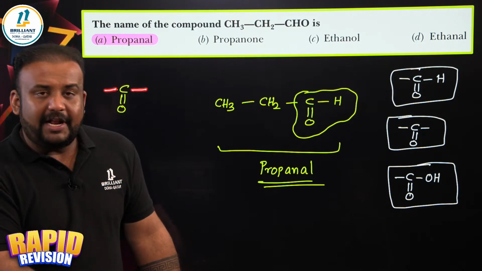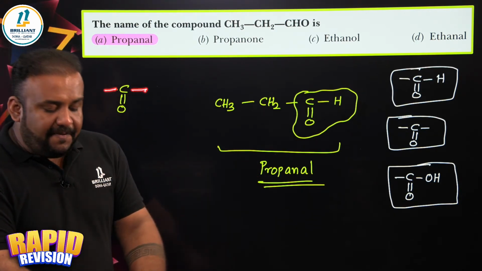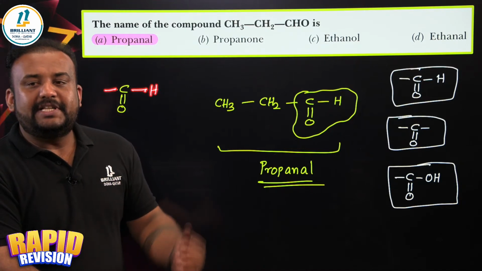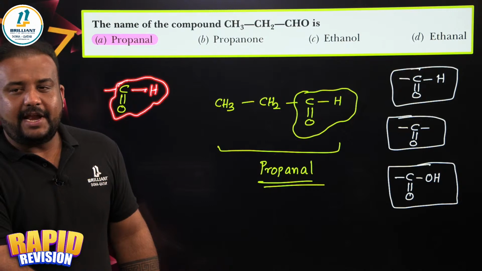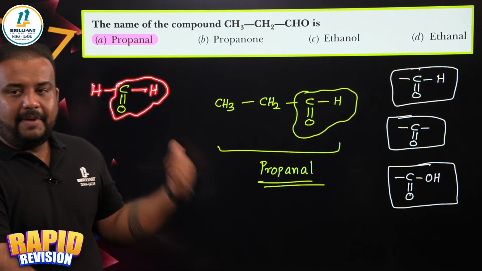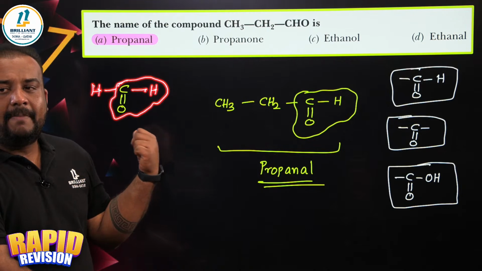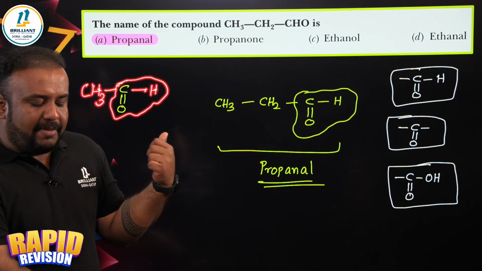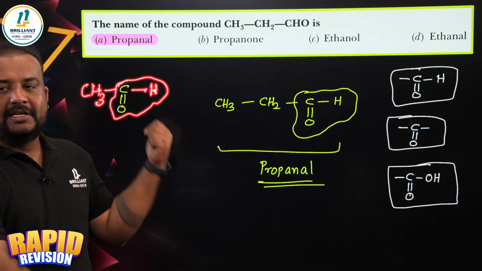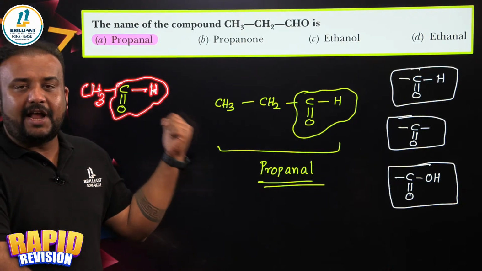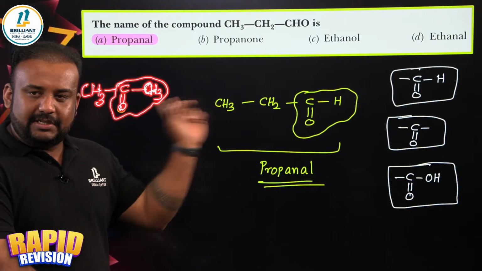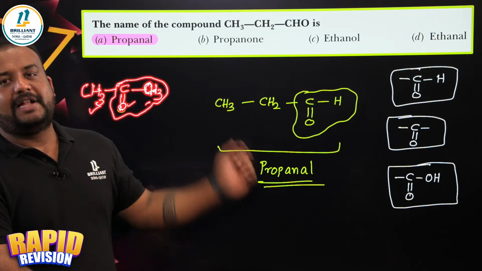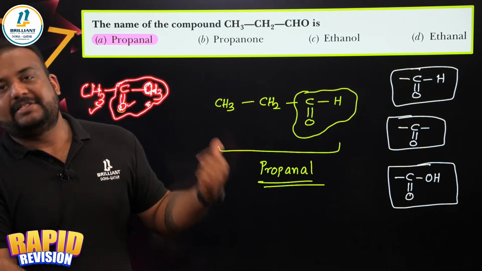On the left of the carbon and right of the carbon there are 2 valencies. If I put a hydrogen to satisfy that valency, that moment it will become aldehyde. You guys get it? Even if I put a hydrogen here, it becomes aldehyde. Look at this. This is methanal. If I make this one carbon and this one hydrogen, still it is aldehyde. CH3CHO. This is ethanal. But if it has to be a ketone, then this functional group should be flanked by carbons. Then only you get the first ketone. And that's why the first ketone is propanone.